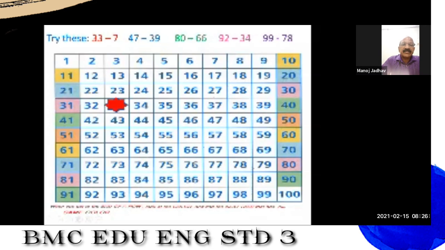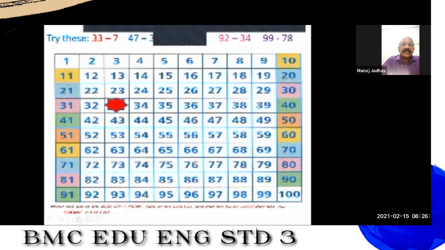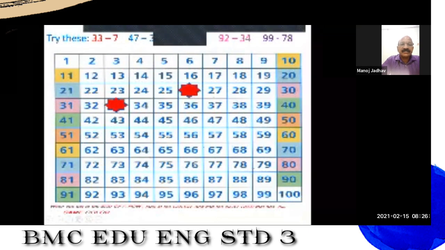Then next is 29. Next is 28. 27 and 26. So our answer is what? 26 is our answer. Exact. Now in this way, you all have to try and solve the next problem.